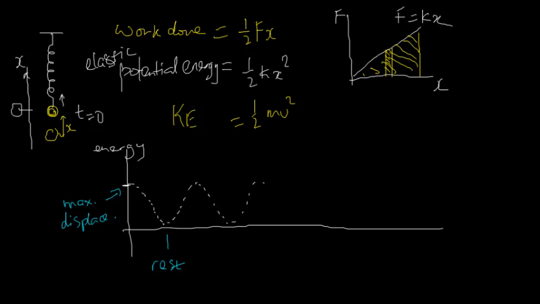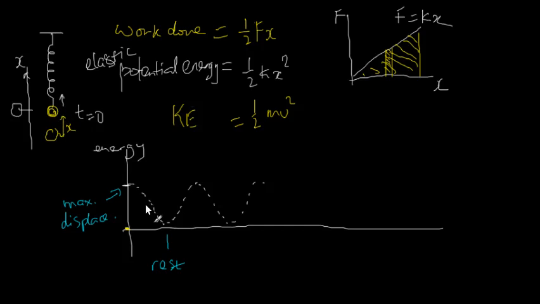Now let's look at the kinetic energy. At the maximum displacement, the kinetic energy is zero because it's instantaneously at rest there. As I let go, the ball accelerates back towards the rest position, and the velocity is biggest at the rest position, as the momentum carries it past.